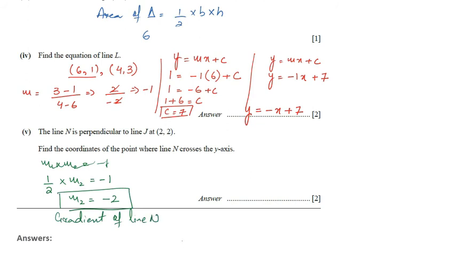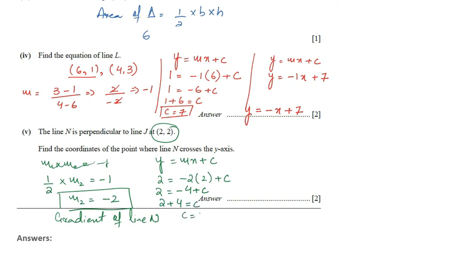Now as we know that this line N is passing through one point, given here as (2, 2). We will consider this point as (x, y). So we will find the value of c by substituting this coordinate (2, 2) in place of x and y, and the gradient value as -2. So here we have 2 = -2 × 2 + c, so 2 = -4 + c, and when we shift this -4 to the left hand side, it will be +4.